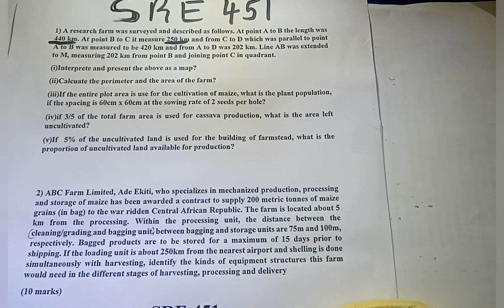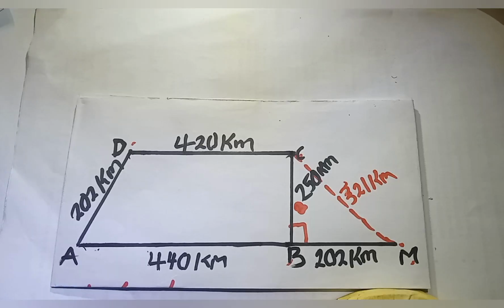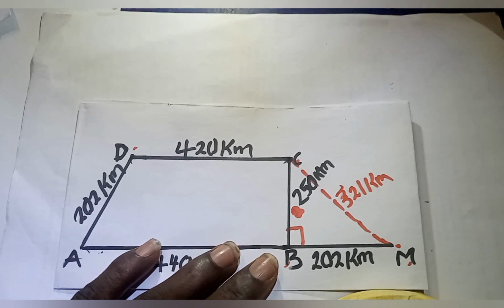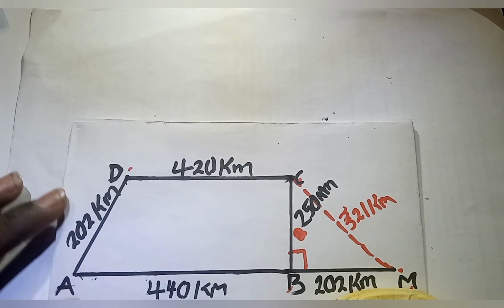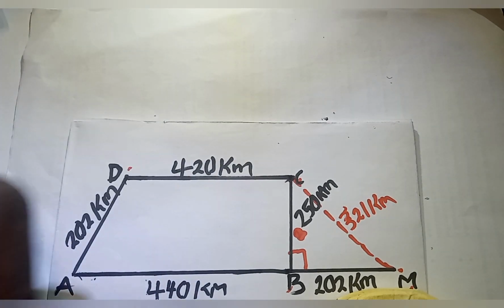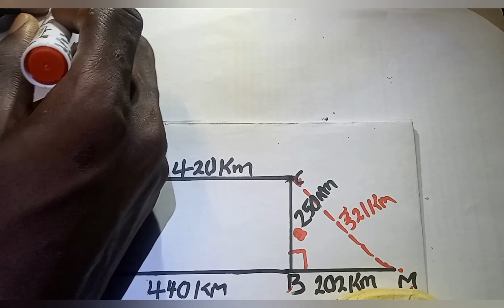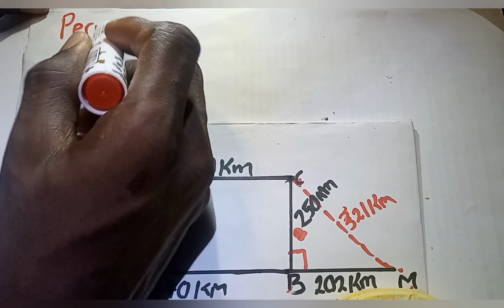If you want to find the perimeter now, you can proceed. I can easily get the perimeter of this shape, and that's what I'm going to do: add all the sides. If you are solving this in exam mode, solve accordingly so you can have your full marks.